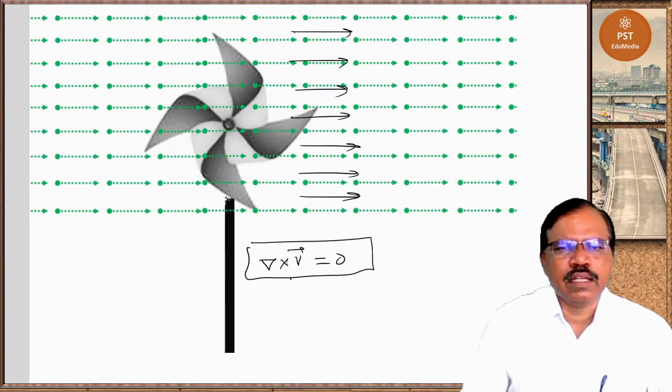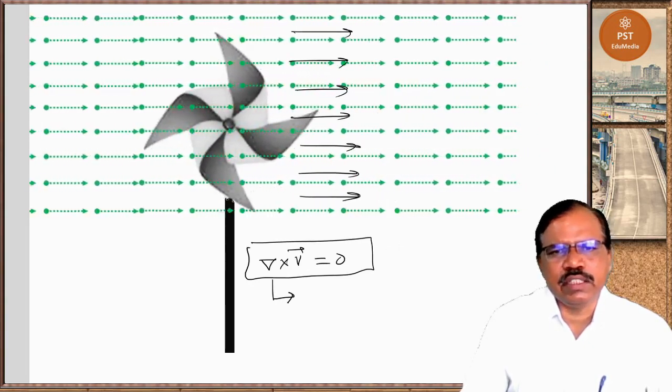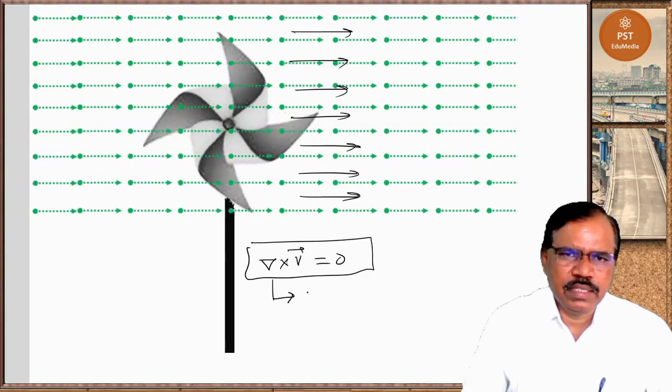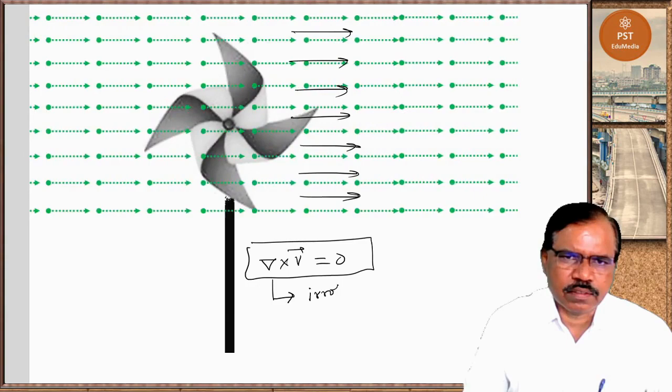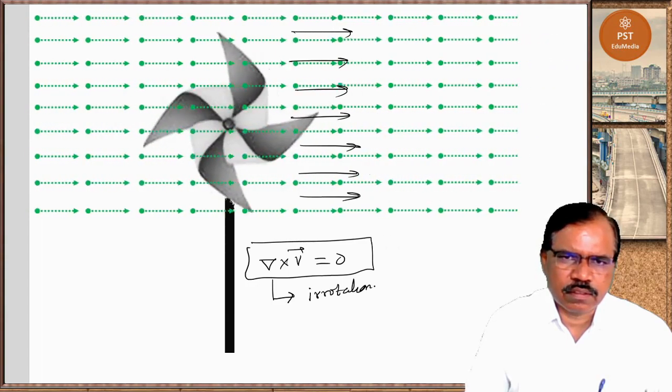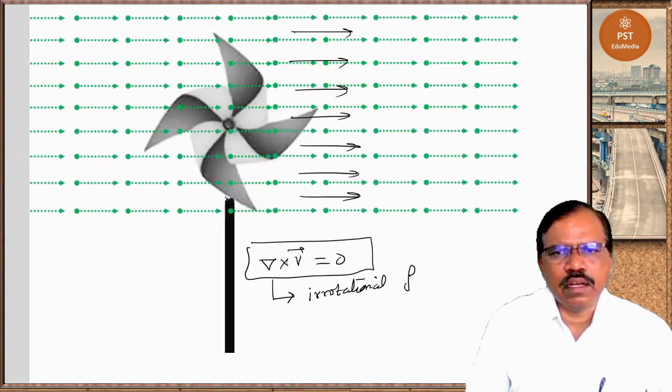So when del cross V is equal to 0, the field is said to be an irrotational field.